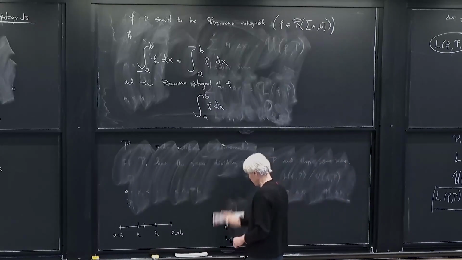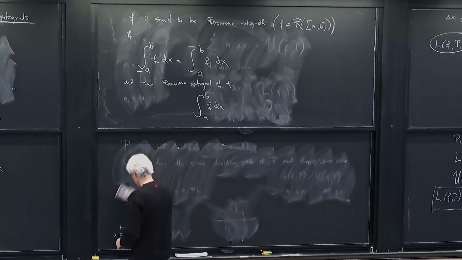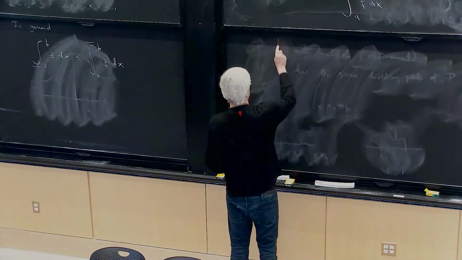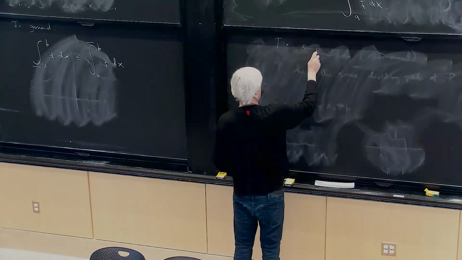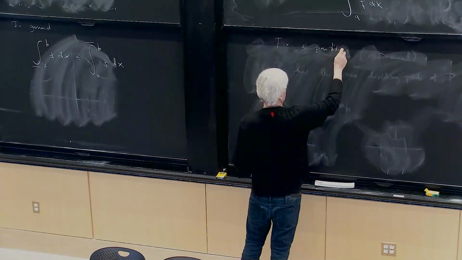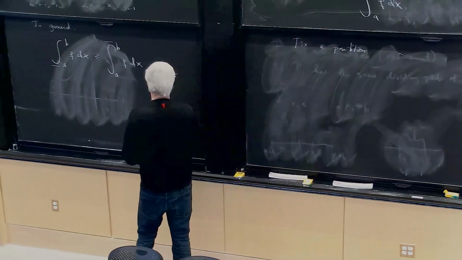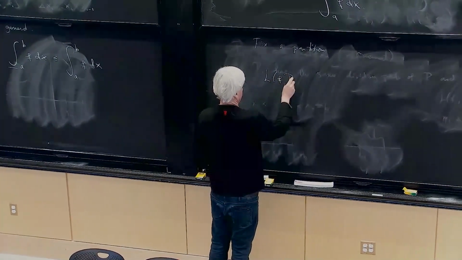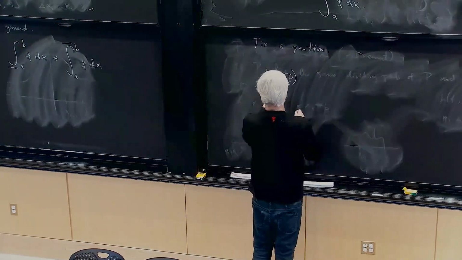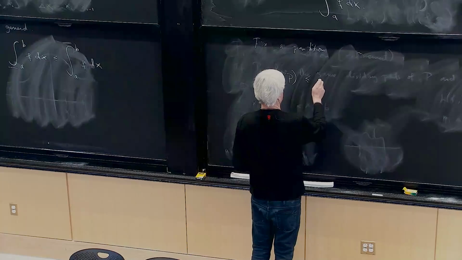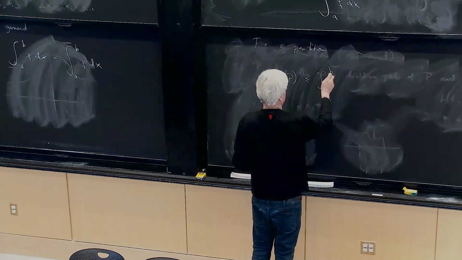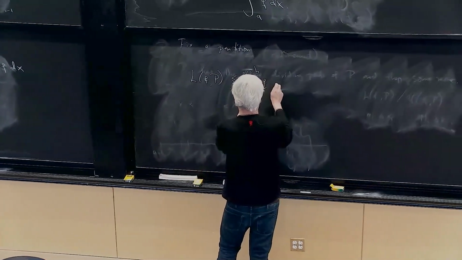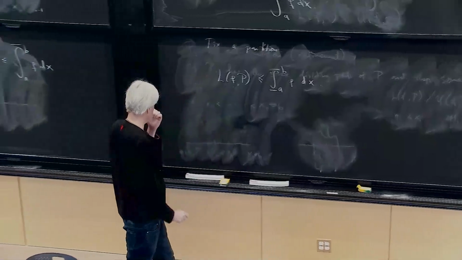This is because if you take a partition, so fix a partition, then you have that the lower sum here is of course less or equal to this thing here, because this here was the sup over all partitions. So you have that.